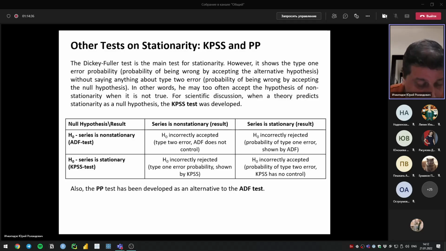If you do not have such theoretical grounds, and you apply the null hypothesis that the series is non-stationary, then you use the ADF test. Everything else is this synthesis, where one method says one thing, another method says another. This is already a matter of scientific discussion, but it should not much concern students.